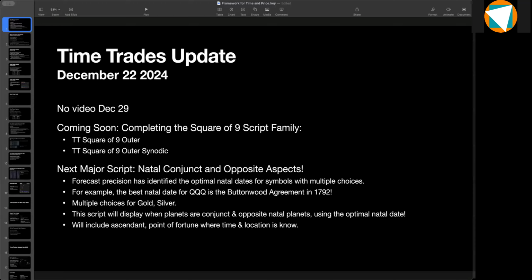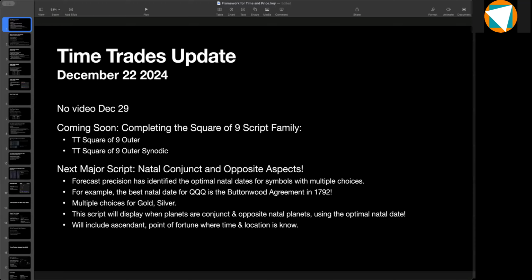That was a huge win this week, based on some of the analysis that Margot and Ella did and shared with us. I think there's a lot of value in extending that beyond just the nodes to very fine-grained natal location analysis, including things like the ascendant and part of fortune. That is on deck, and maybe that'll be my Christmas or New Year's gift to you, our subscribers.